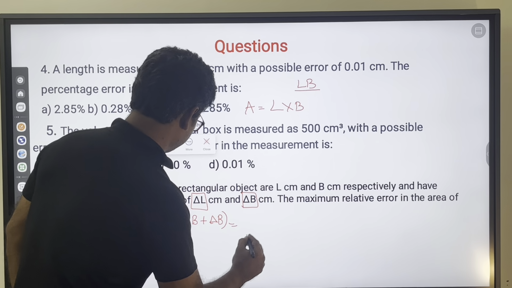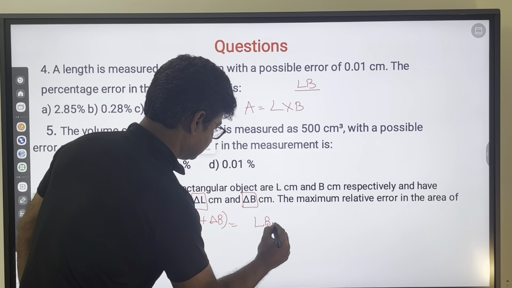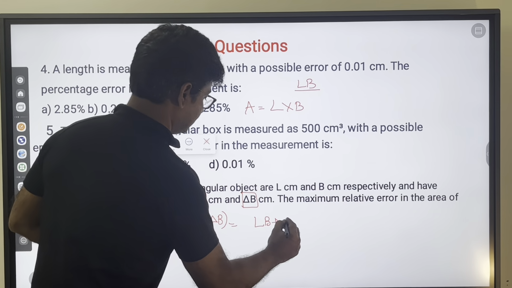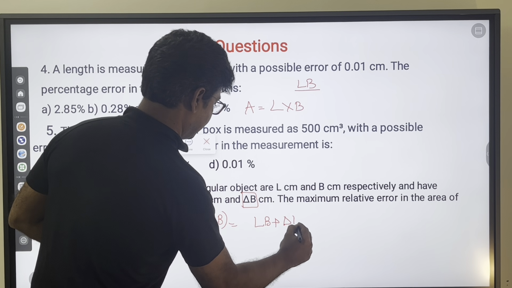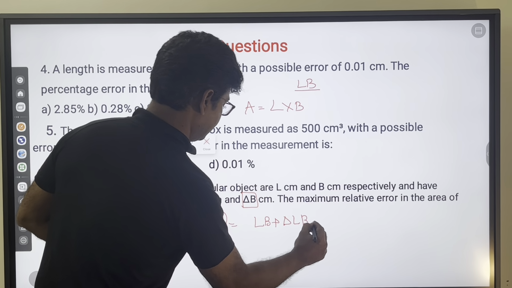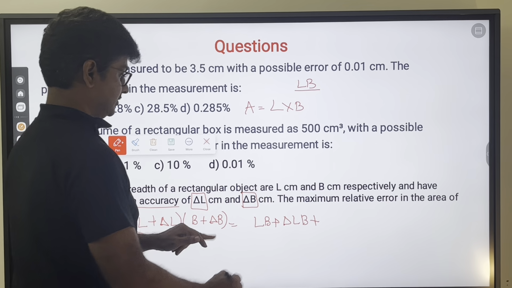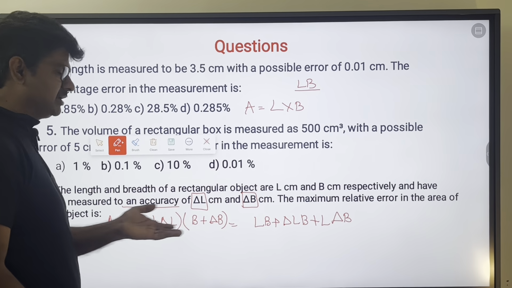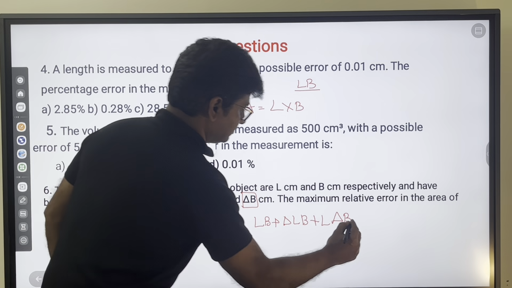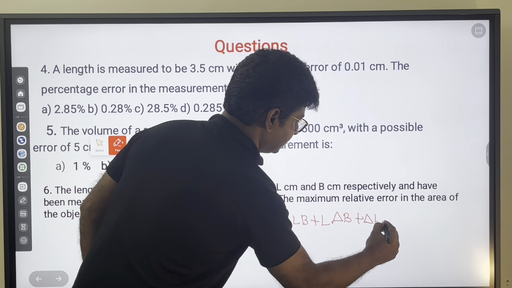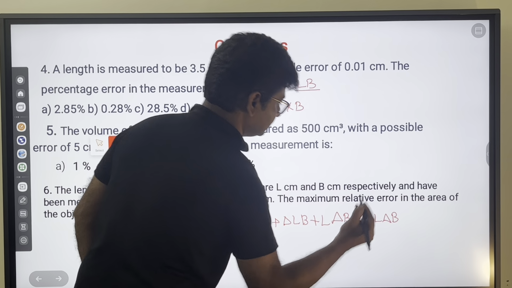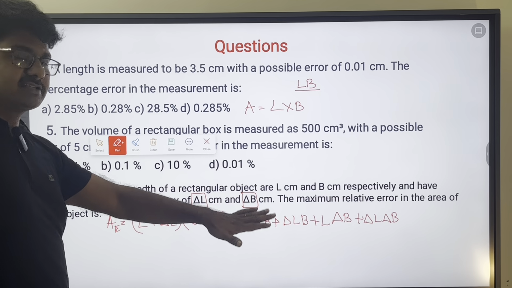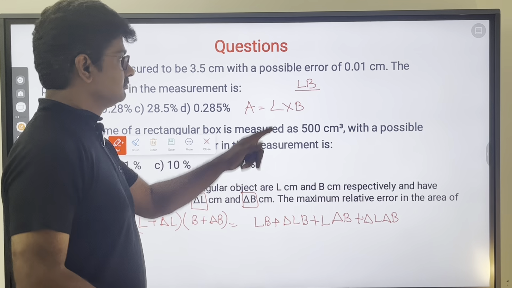Now let us see this. This will be equal to LB plus delta L into B plus L into delta B, plus delta L into delta B. Simply I'm multiplying all this. So this is the area we get with error. But what is the actual area?